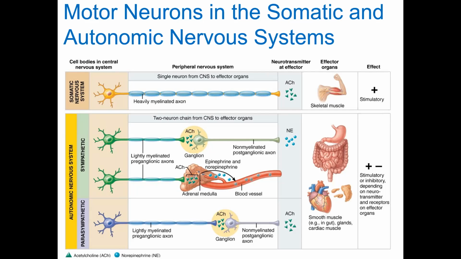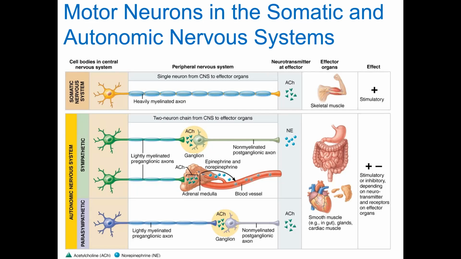The postganglionic neuron also uses acetylcholine. So the parasympathetic side uses acetylcholine for both its pre- and postganglionic axon. It can be stimulatory, it can be inhibitory. The sympathetic side uses acetylcholine also on its preganglionic axons, but its postganglionic axon uses norepinephrine, which can be stimulatory or inhibitory.